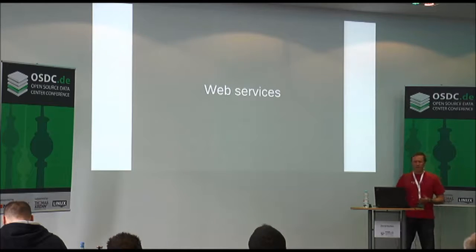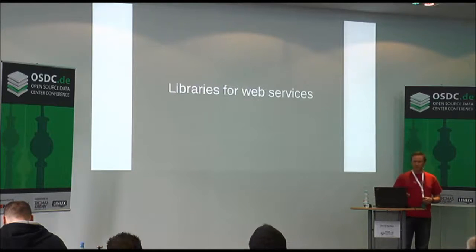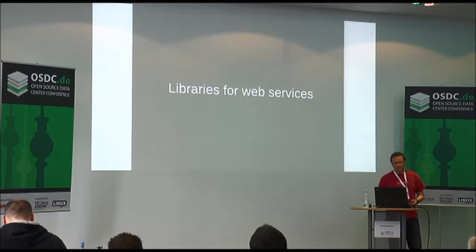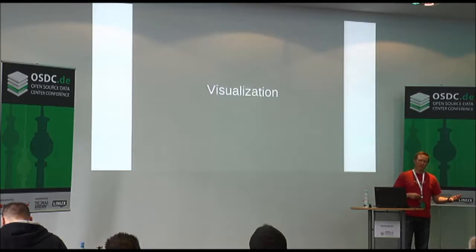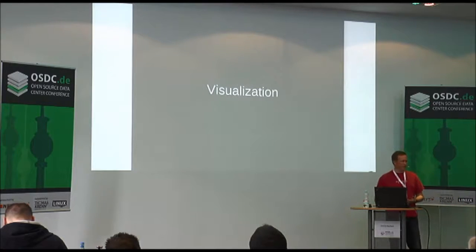So you're probably going to end up writing web services on top of it to make that possible. And then you're probably going to end up writing libraries to talk to your web services, libraries in your favorite language. And then you're going to end up writing code to collect the data. And you're going to write more code to visualize the data.